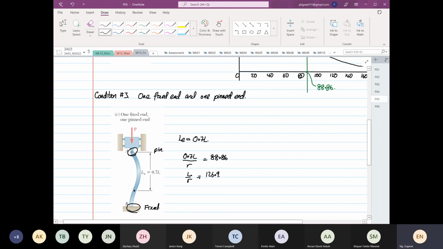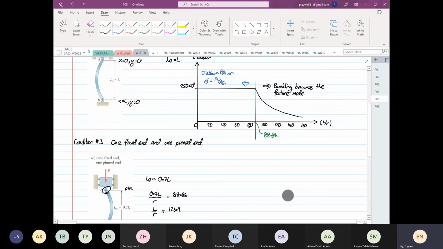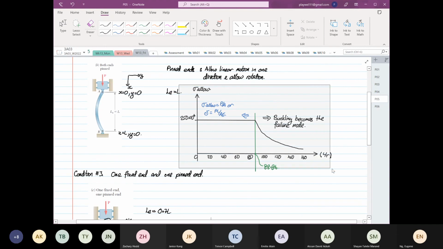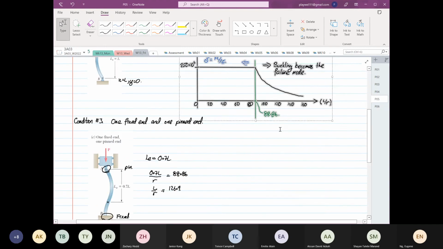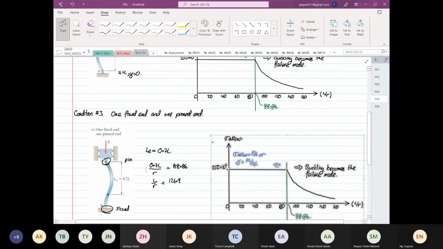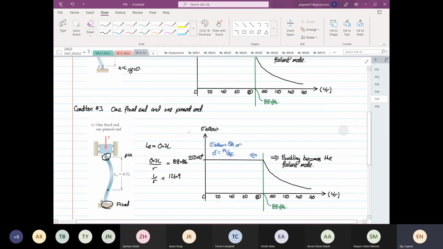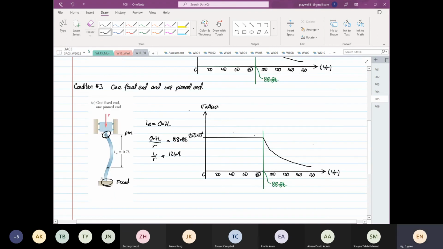So for it to buckle, let me copy this graph again. Now our L over R ratio extends to 126. I'm going to eyeball this at 126, so 126 is about here.